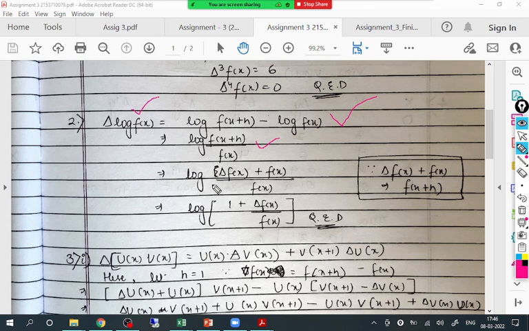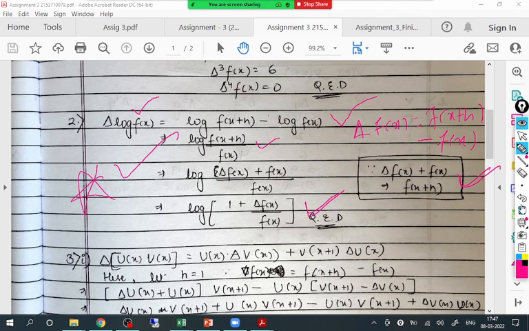Now we know delta f(x) is f(x plus h) minus f(x), so the value of f(x plus h) can be written as delta f(x) plus f(x). Replace it with delta f(x) plus f(x), separate the division, and you get the required answer. That's correct. Nice.